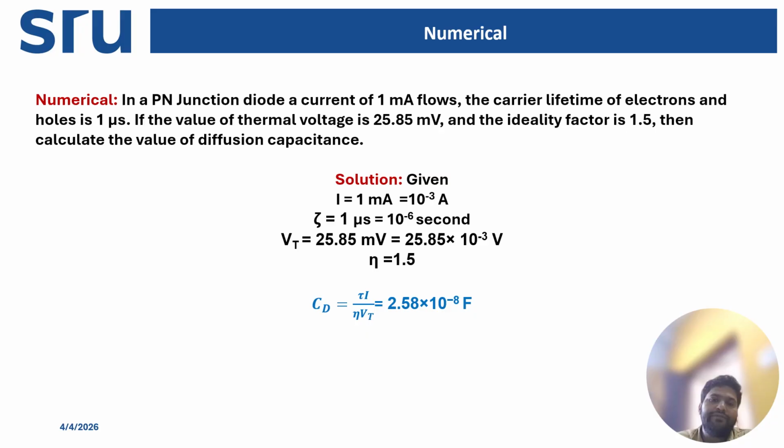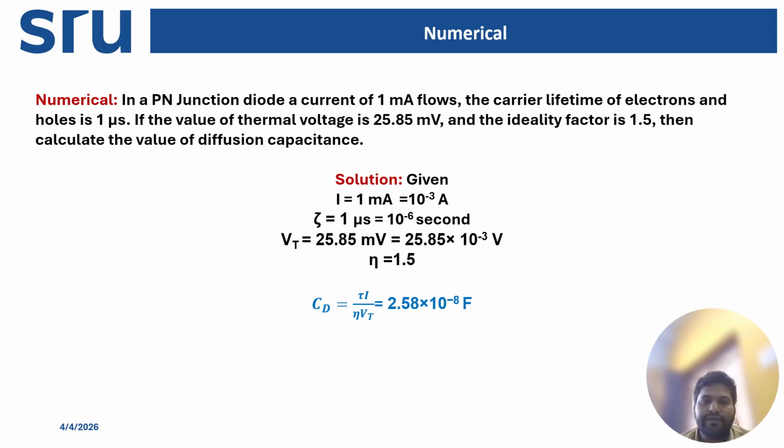If the value of thermal voltage is 25.85 millivolt and the diode ideality factor is 1.5, then calculate the value of diffusion capacitance.